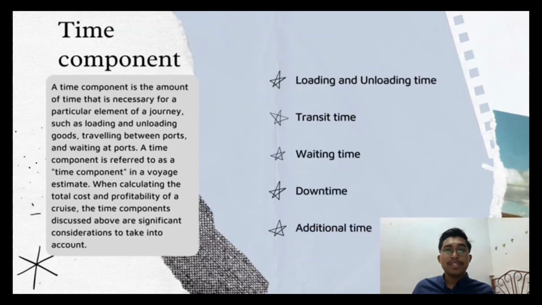For time components in a voyage estimate, an estimate of a journey will normally take into consideration the many temporal factors that are related with a voyage, including the following: loading and unloading time, transit time, waiting time, downtime, additional time, and the cost component in a voyage estimate.